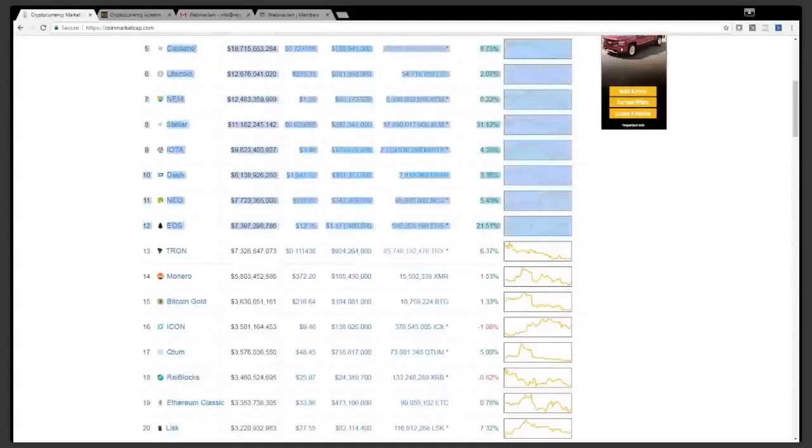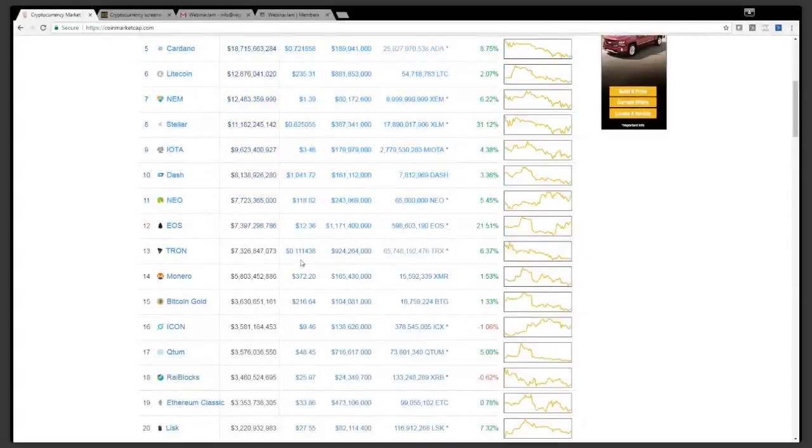It's up about 6.37%, but if you look at Tron, it's been down for a bit. That's your opportunity to get in and buy. Look at EOS just above it. EOS is up 21%, and Stellar's up 31%. EOS is $12.36, while Stellar is 62 cents.